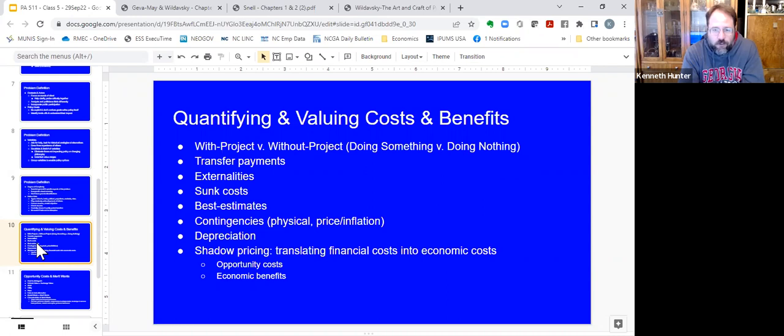That gets ridiculed a lot, but it is a realistic consideration we have to make. And so we have to be very mindful that when we're doing cost benefit analysis and valuing costs and benefits, we're making sure to look at what happens if we do something, i.e. with the project or with the policy, as opposed to without it. Those are things we have to make sure we're taking into consideration.